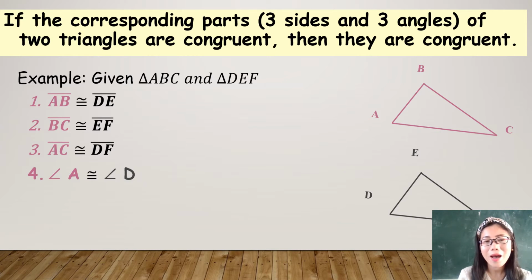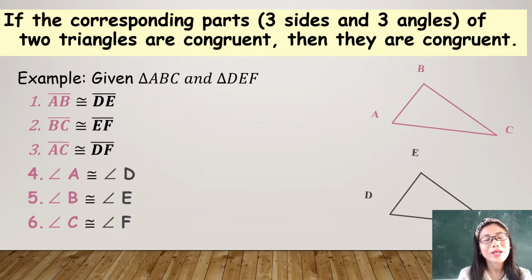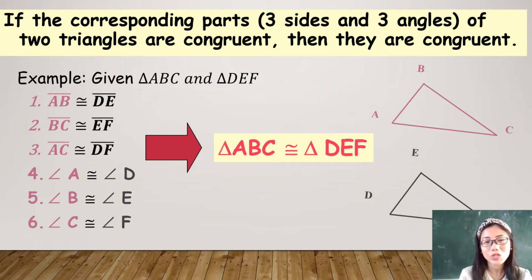For the angles, angle A is congruent to angle D, angle B is congruent to angle E, and angle C is congruent to angle F. So you have 6 corresponding parts that are congruent. That follows that the two triangles, triangle ABC and triangle DEF, are congruent.